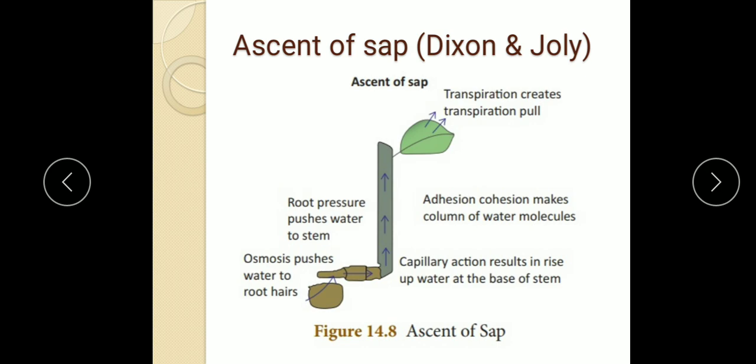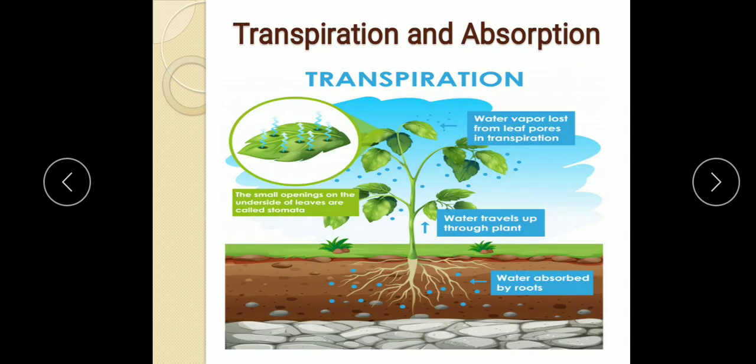Cell sap is the fluid containing mineral salts and water enclosed in the vacuole of a cell. So this water content is known as the cell sap. And we have discussed the transpiration pull also, that helps in the upward movement of water. Just now I have discussed transpiration and transpiration pull also.